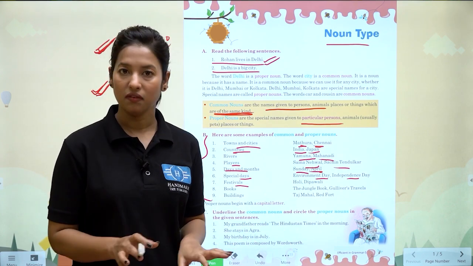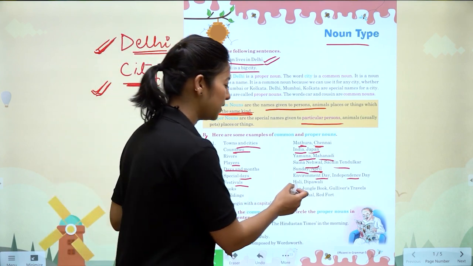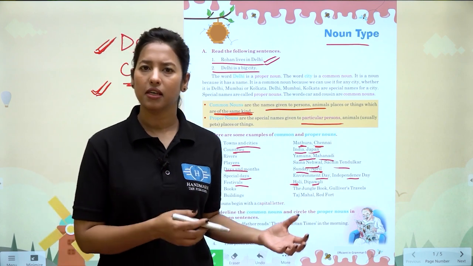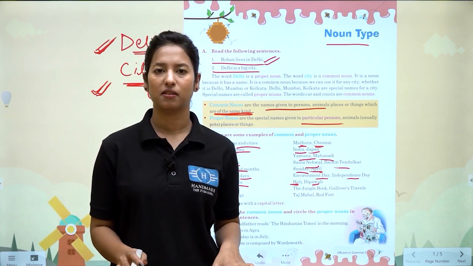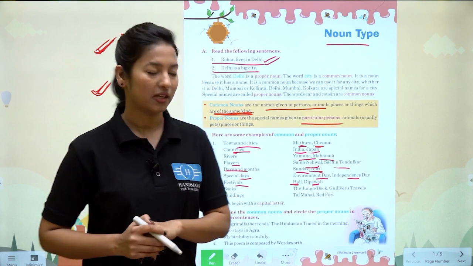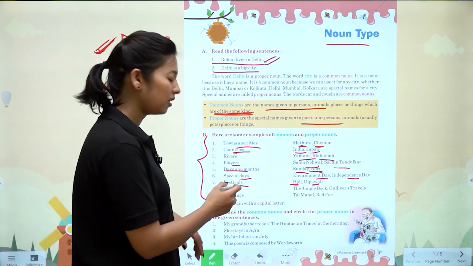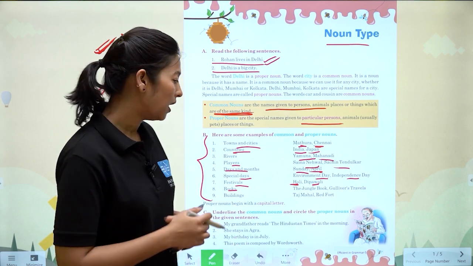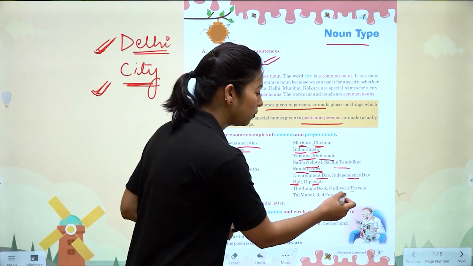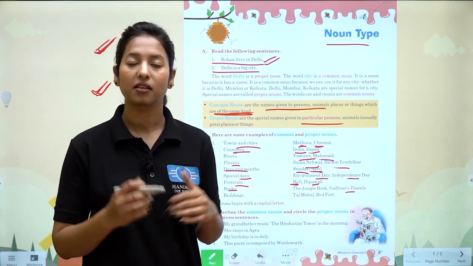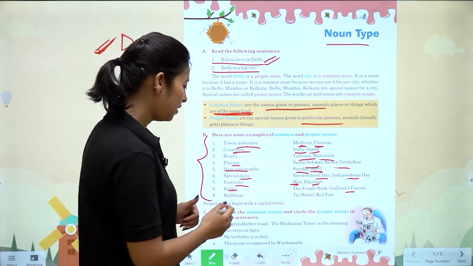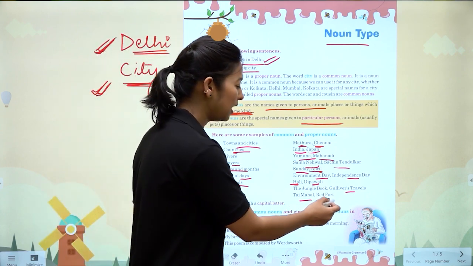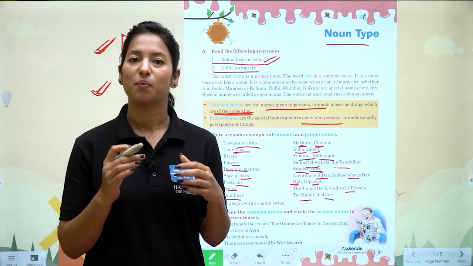It can be any festival, but specific festivals like Holi, Deepavali, Christmas, Eid or any other specific festival fall under the proper noun category. Books is a common noun because it is a class. There are so many books, but the Jungle Book and Gulliver's Travels are proper nouns. Buildings is a common noun, but the Taj Mahal and the Red Fort are proper nouns.